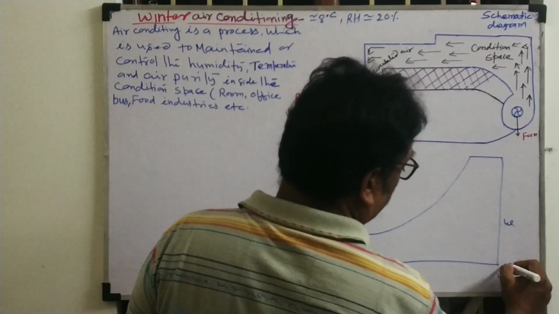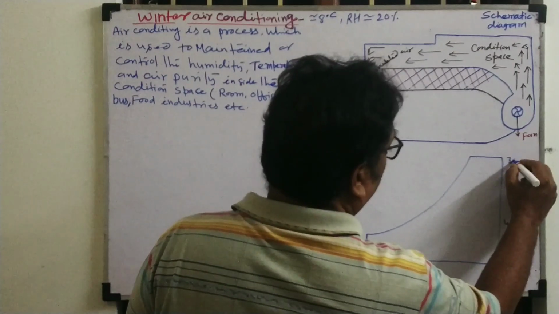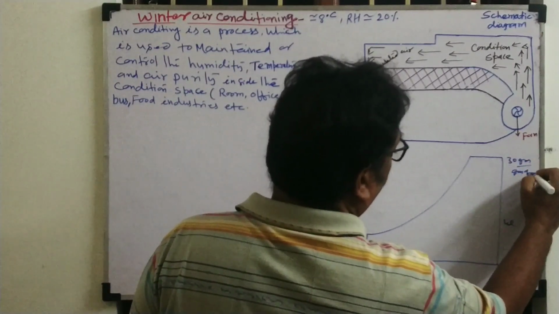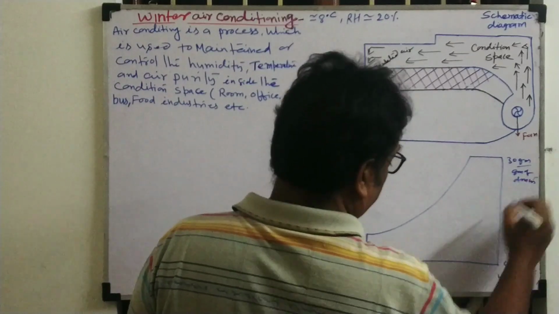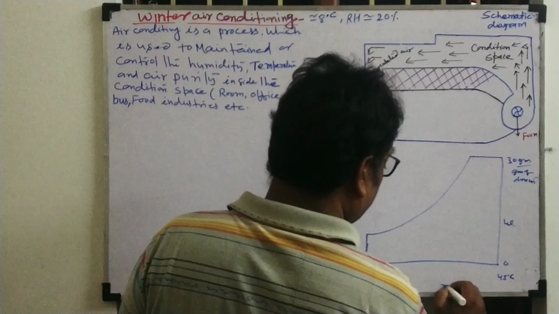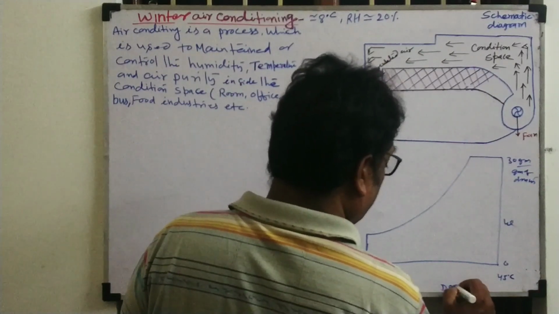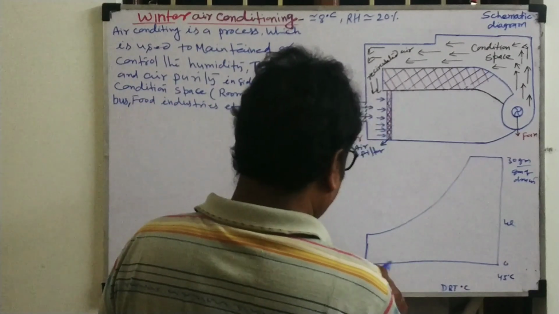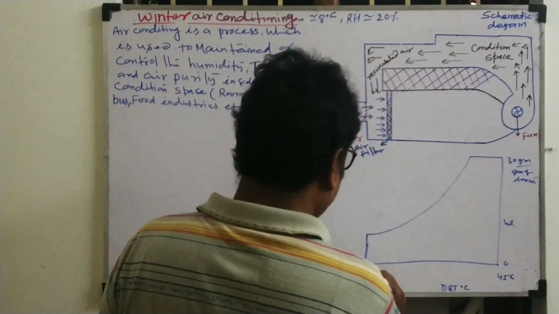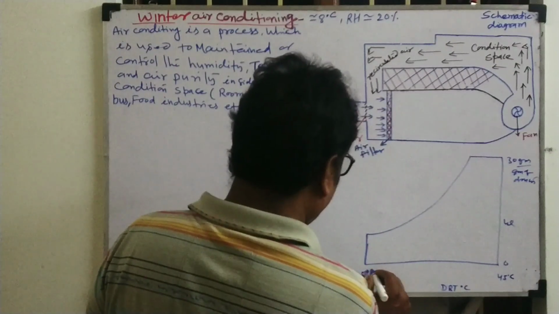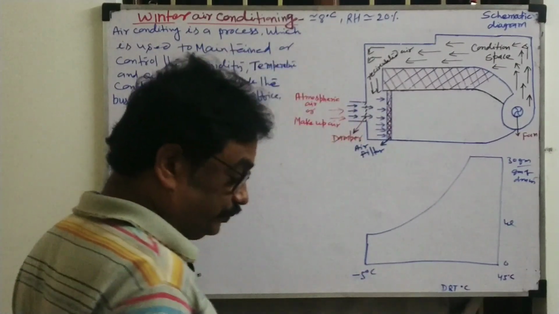This is humidity, here 0 to 30, and the unit will be gram per gram of dry air. This is the dry bulb temperature, DBT in degrees Celsius.